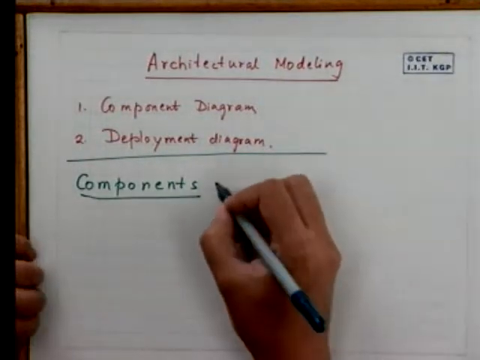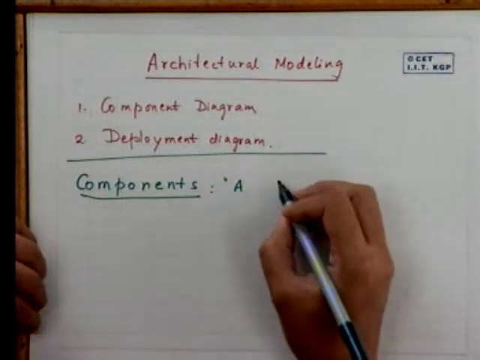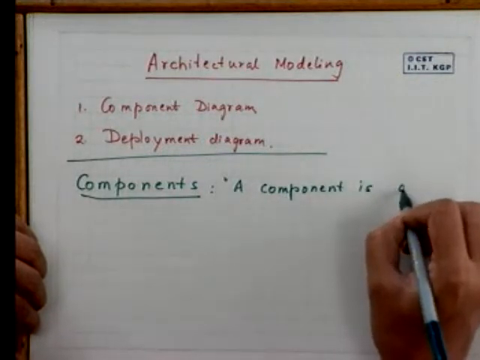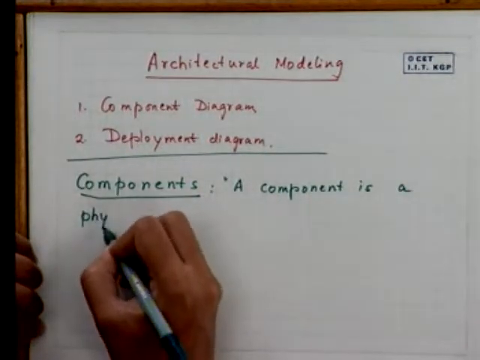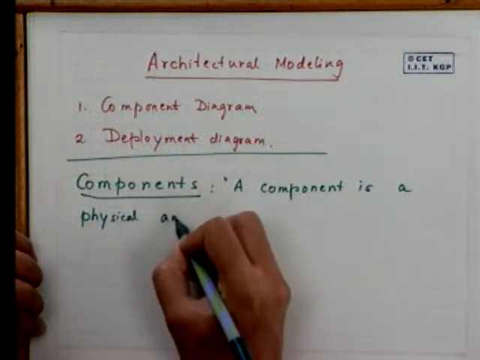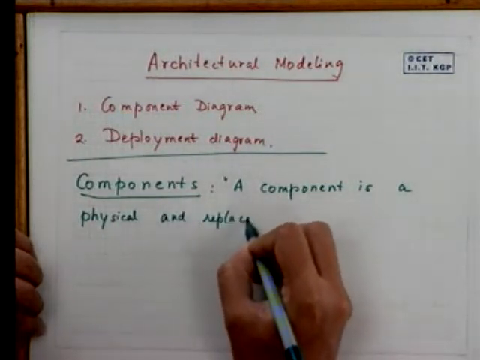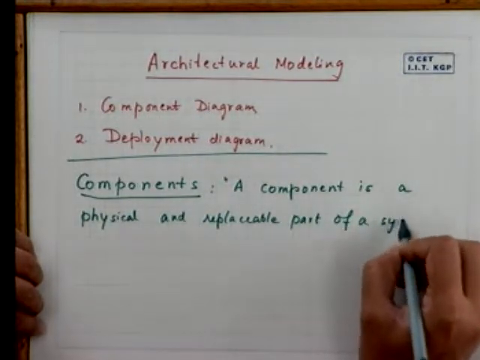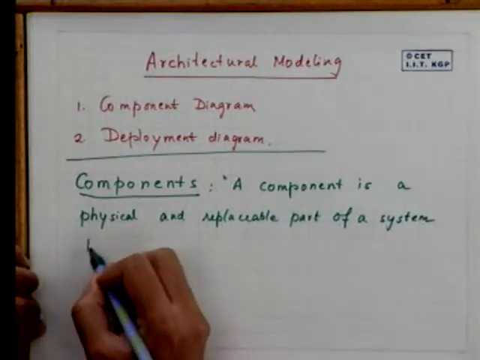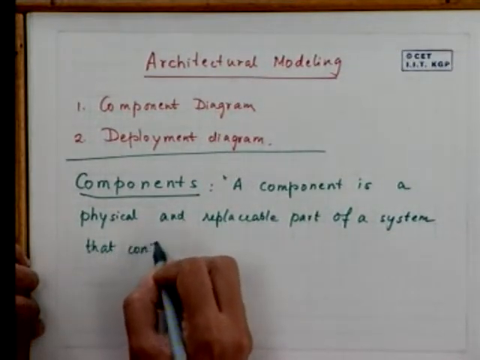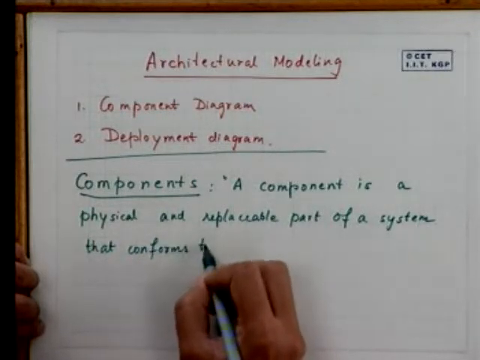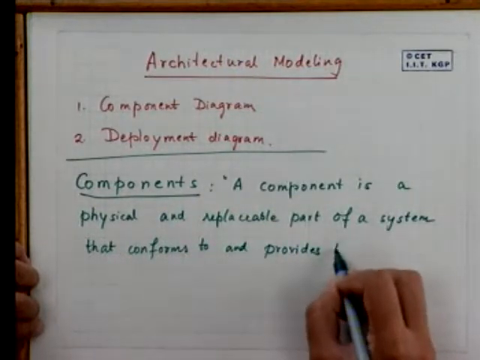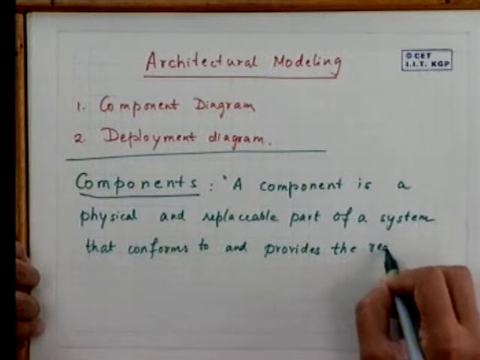What is a component? A component is a physical and replaceable part of a system that conforms to and provides the realization of a set of interfaces.